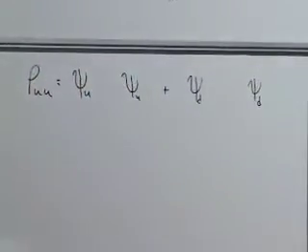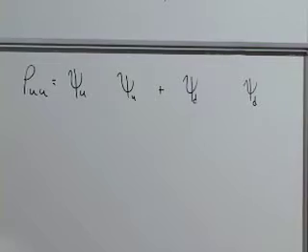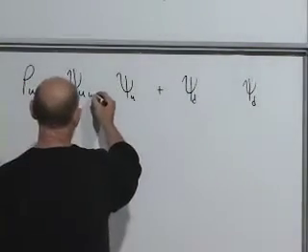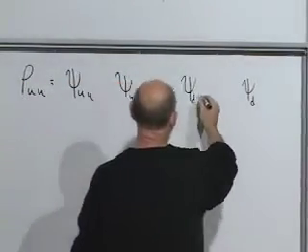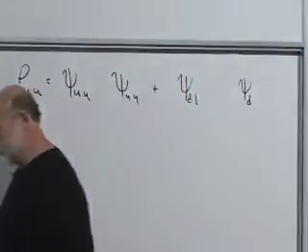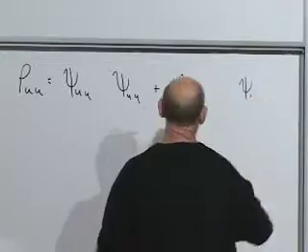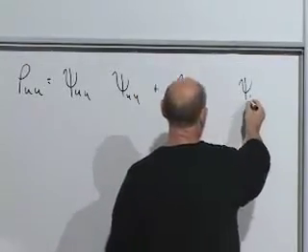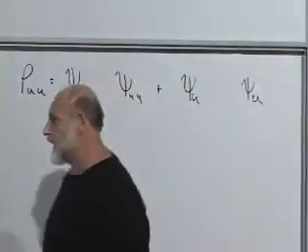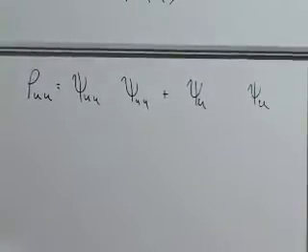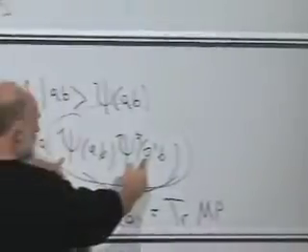Now remember we sum over the B coordinate. We're calculating the up, up matrix element. We're calculating the A, A prime matrix element.